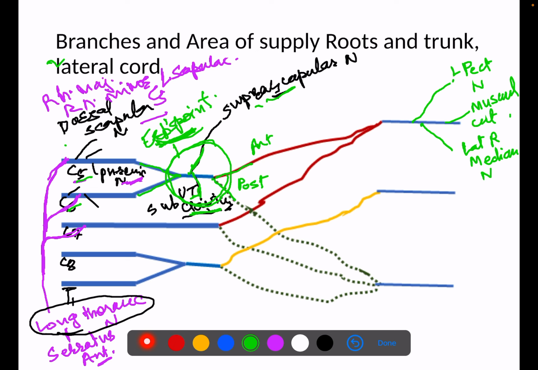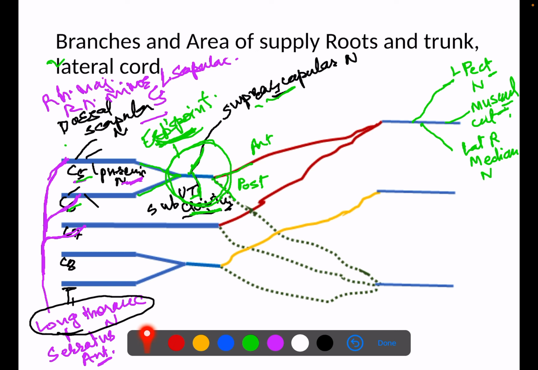This lateral pectoral nerve will go to the pectoral region, pectoralis major and minor. This musculocutaneous nerve, as the name indicates, will have a muscular component as well as a cutaneous component. Okay, this muscular component will supply the muscles of the anterior aspect of arm, and the cutaneous component will supply the skin of the lateral aspect of forearm.